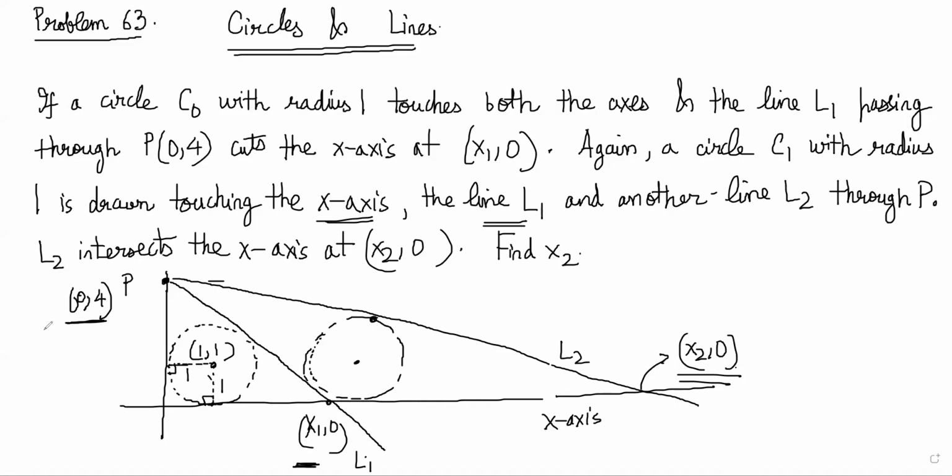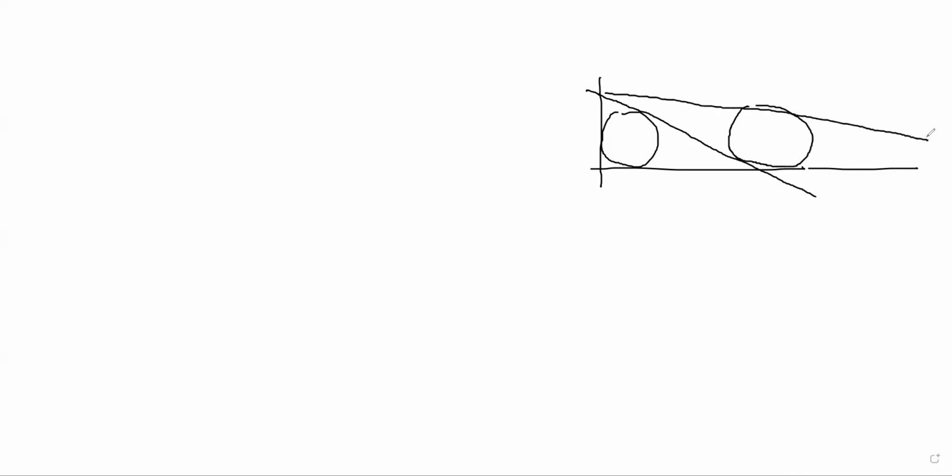So I will draw the figure here also roughly. So we have a circle like this, a line like this, another circle touching this, and another. Okay, my figure is a little incorrect here.